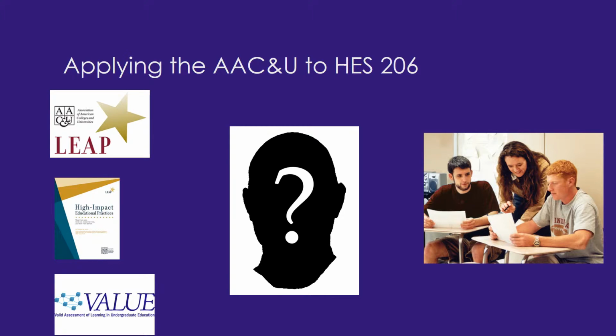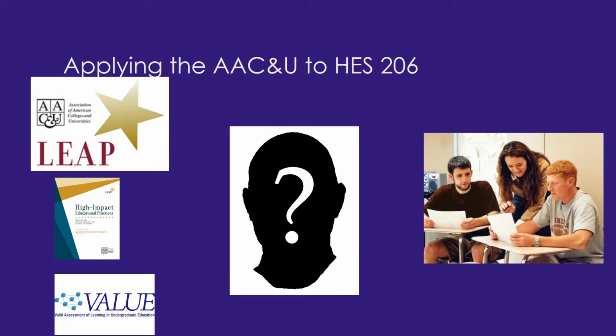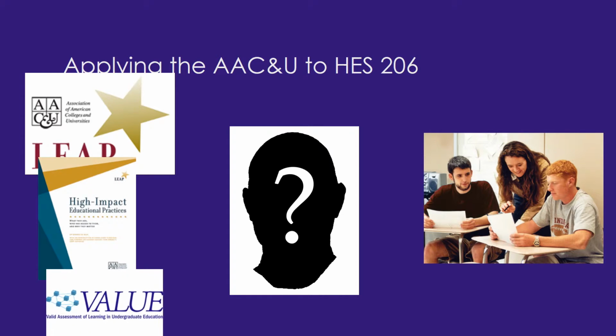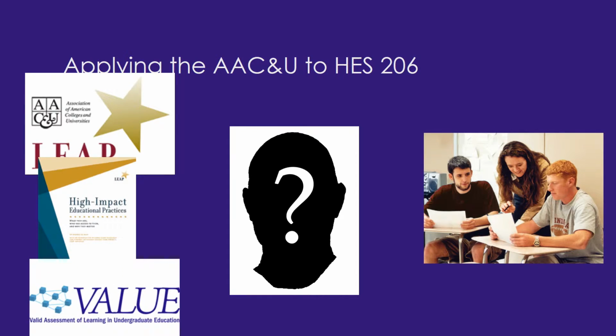I think we're all doing a great job teaching HES 206, but as we put forth this proposal to the Degree Reimagining Committee, they're going to be looking for how this course meets these AAC&U objectives: the LEAP Essential Learning Outcomes, the high impact practices, and the VALUE rubrics.